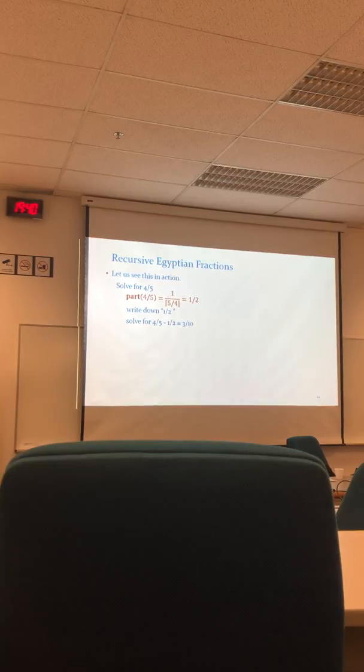Part 4 upon 5, following the formula, is 1 upon ceiling of 5 upon 4. That's 1 upon 2. So that's the first term. After that, you write down the first term as the Egyptian fraction for 4 upon 5. So we have found the first term already. Now we have to continue to find.